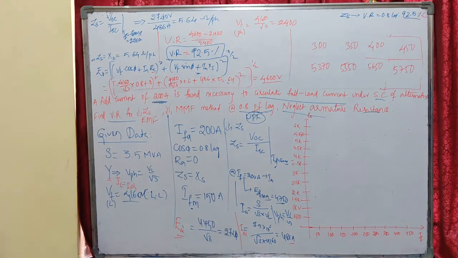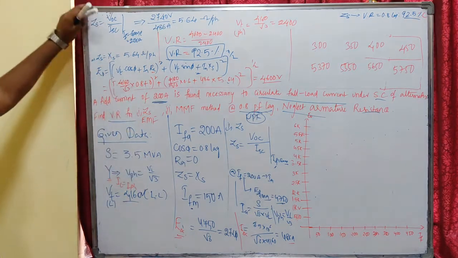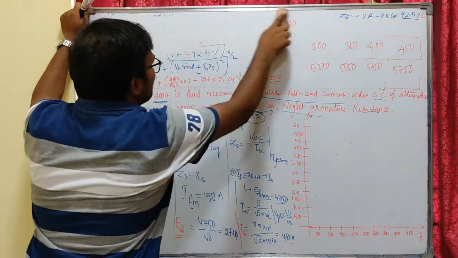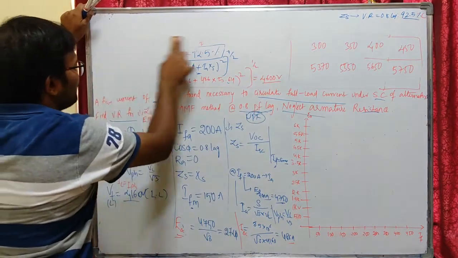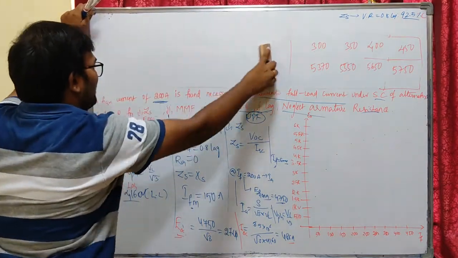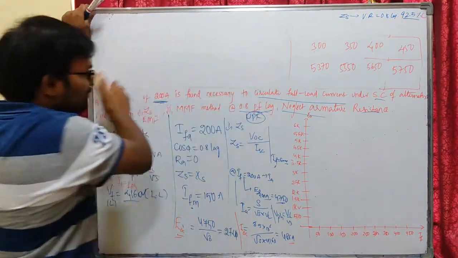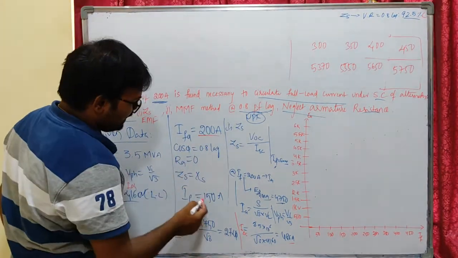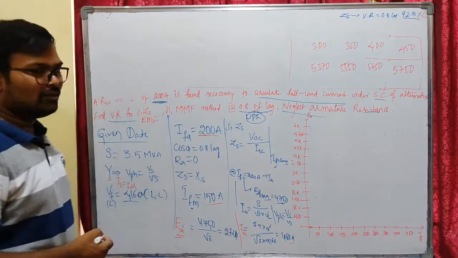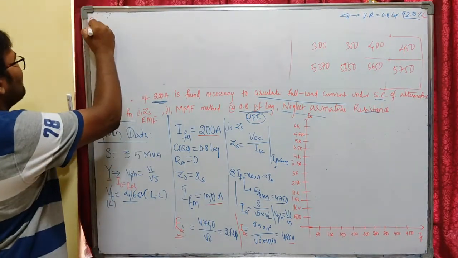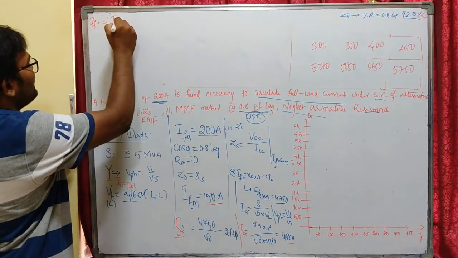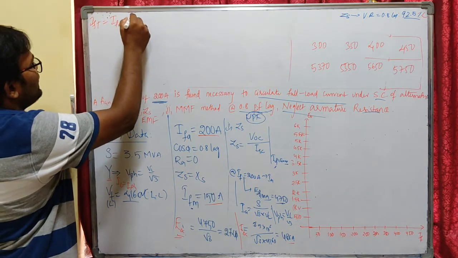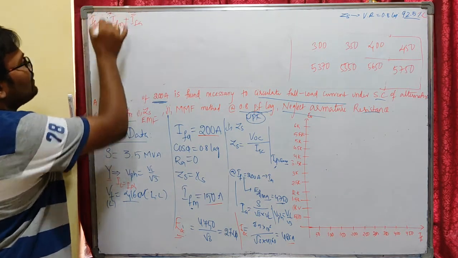Now let us try to perform the same voltage regulation for the MMF method. In order to use the MMF method, we need two field currents, IFM and IFA. Here IFM is 150 and IFA is 200. We need their phasor sum, that means vector sum.